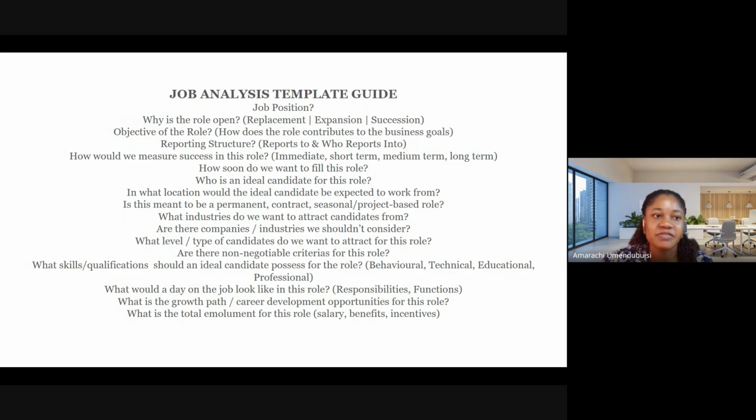So again, I've seen cases where HRs sometimes know, but guard against things like this, because in the long run, it would affect your ability to attract the right candidates for the role. Again, imagine you're having a CMO in your JD and the content of the JD is speaking more to business development. You're confusing your targeted talents.